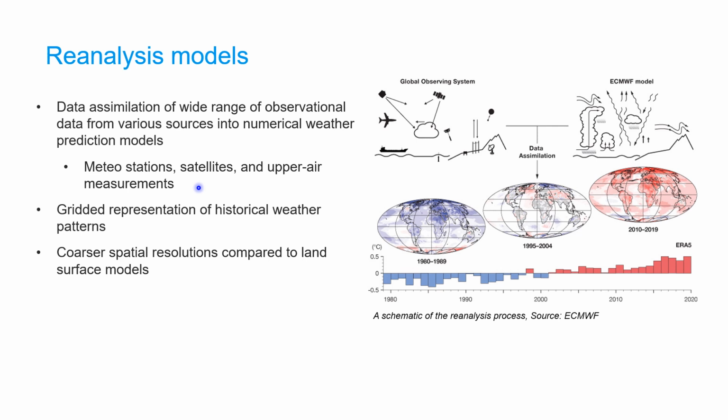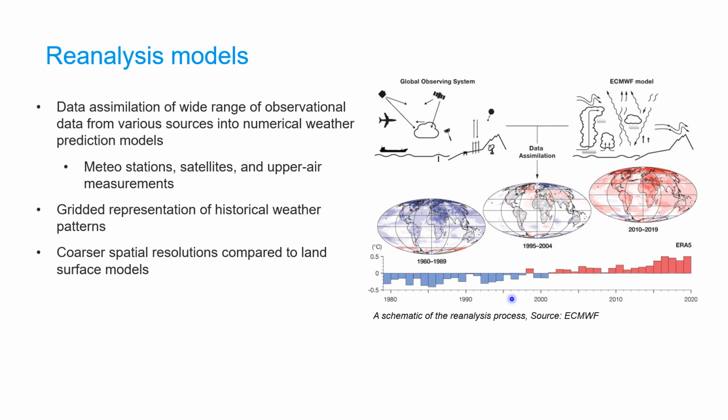This procedure, called data assimilation, is the core of this approach. The assimilated data, along with the numerical weather prediction model outputs, are combined to create a comprehensive representation of historical weather patterns and atmospheric conditions at a global or regional scale as shown in this figure.